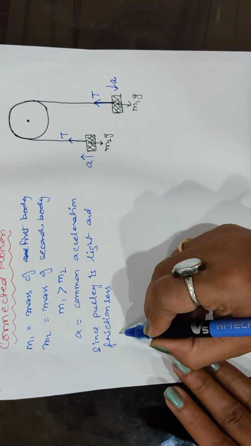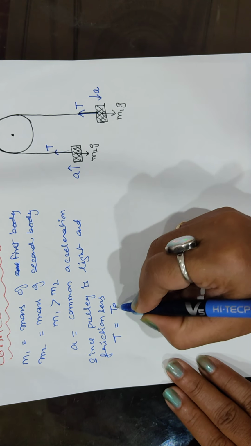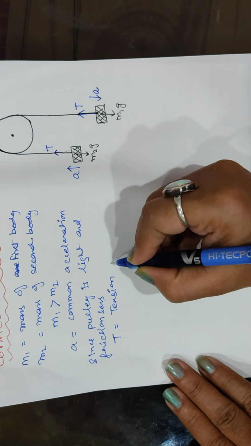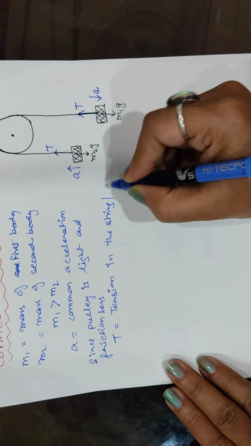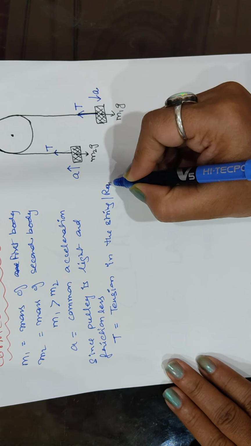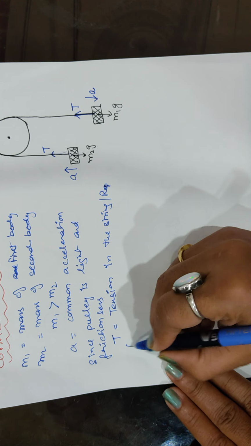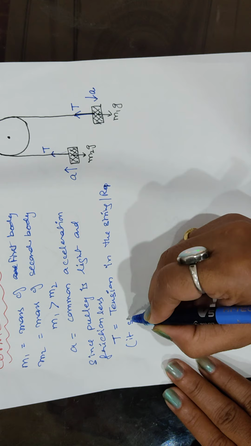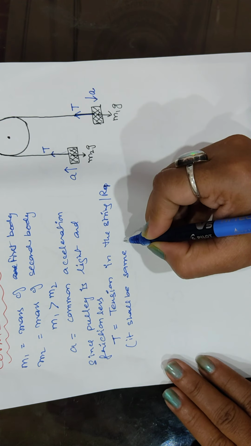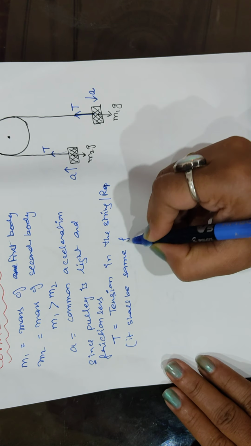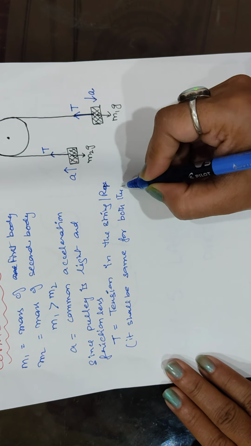So T is the tension in the string or rope, and it shall be the same for both the sides.